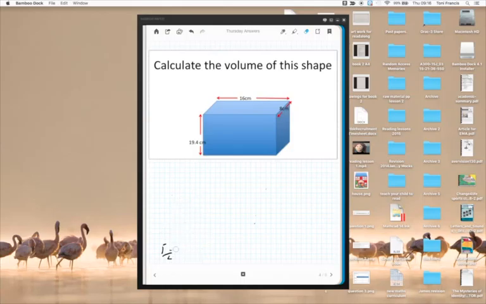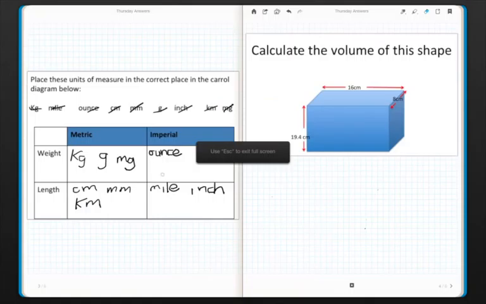Question 4. Calculate the volume of this shape.